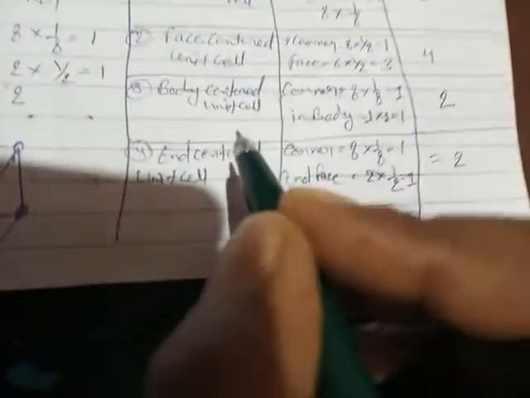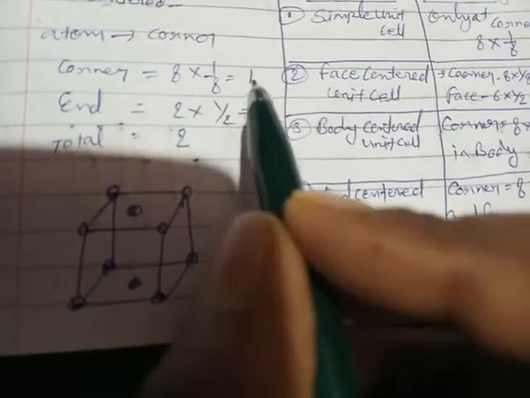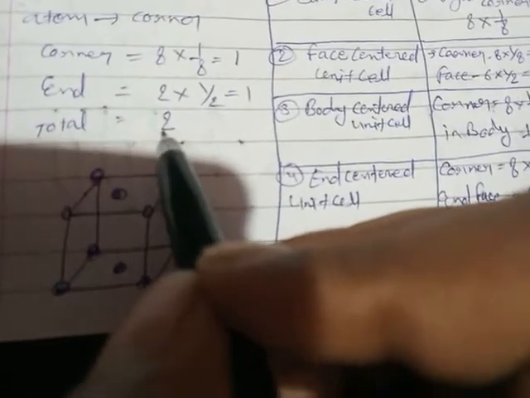So in this way we can calculate this. 8 into 1 by 8 is equal to 1, and 2 into 1 by 2 is equal to 1. The total rank is 2. So this is called the end centered unit cell.